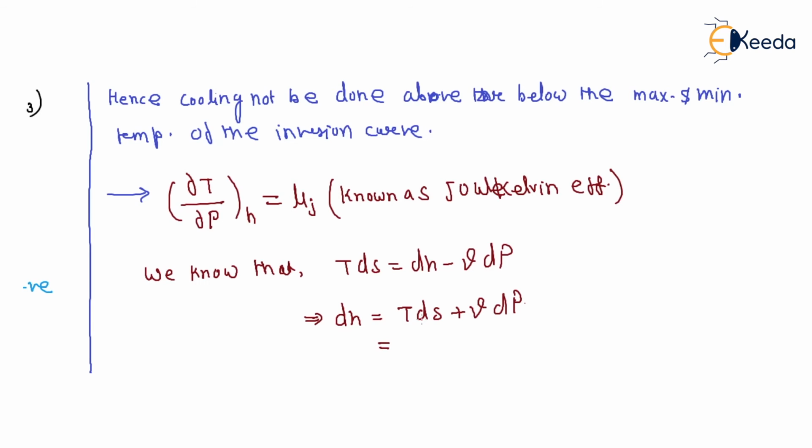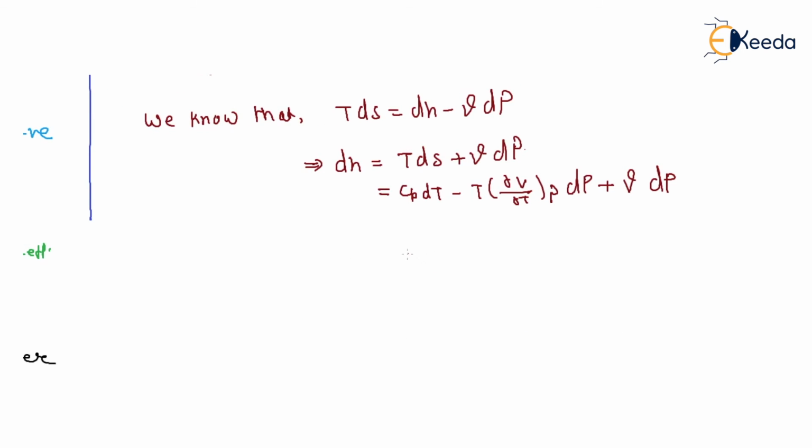From the previous lecture, just the previous video, you may see that TdS is Cp dT minus T ∂V over ∂T at constant pressure dP. So we can write dH is equal to Cp dT plus V minus T ∂V by ∂T at constant pressure dP, right?